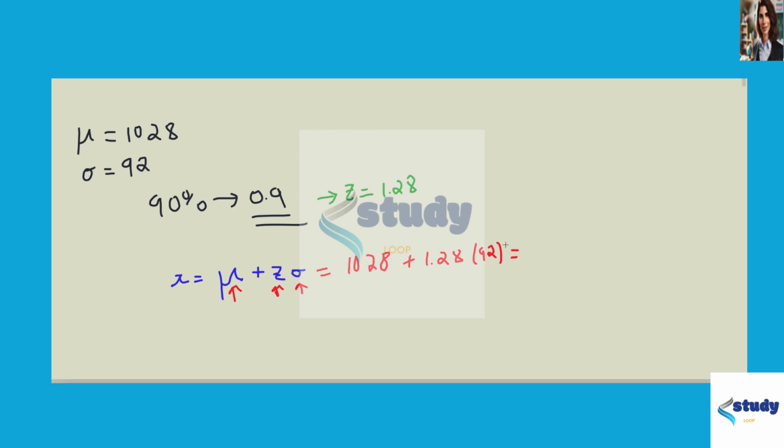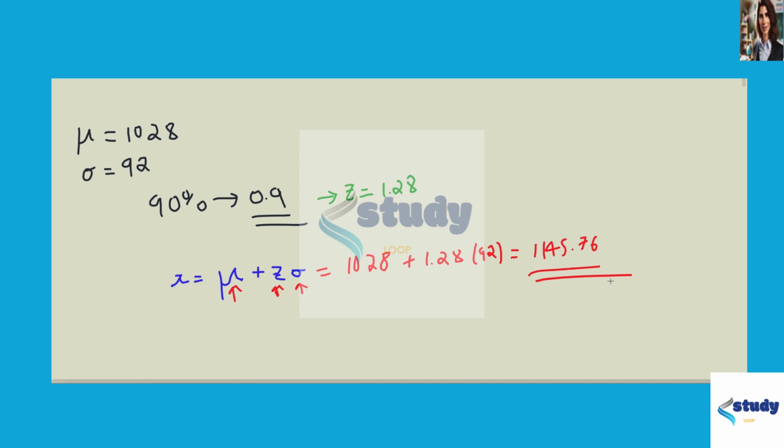So when we plug that into a calculator, we get our x to be equal to 1145.76. So that is the first part.